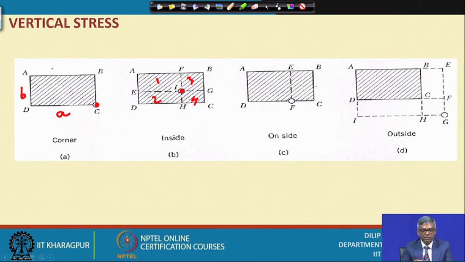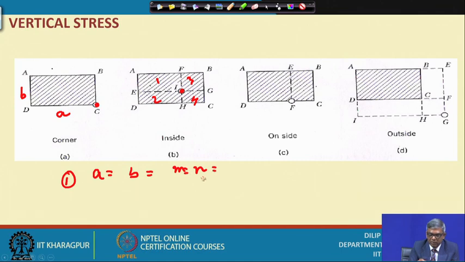Now, for these 4 parts, what do I have to do? I can consider each separately. Suppose I am considering footing 1: what is A, what is B? A and B are not constant. Initially the foundation dimension was A and B. Now I am using another small part. For 1, what is A, what is B, what is M, what is N?